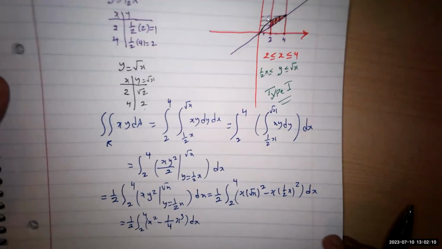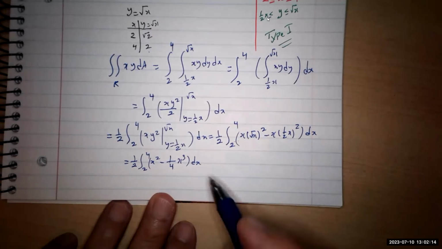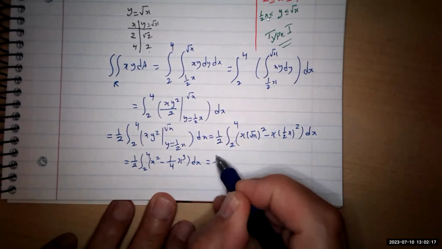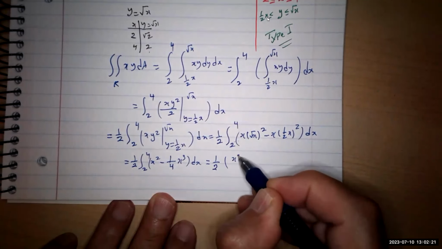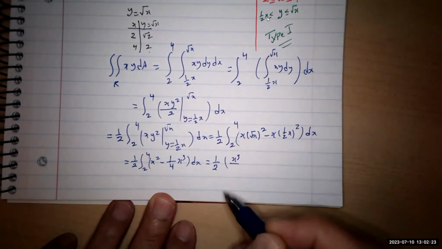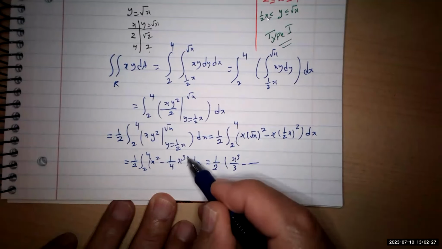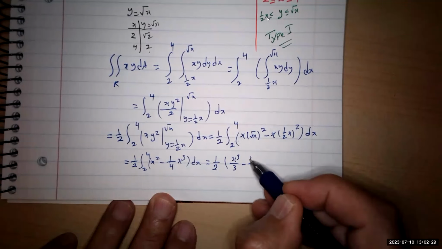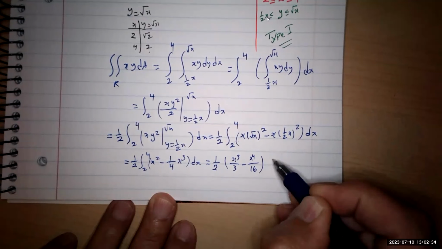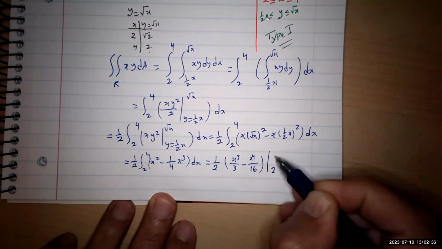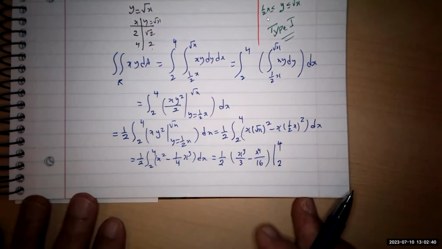Okay, so the integral is just power rules. No problem with continuity with respect to x, so you keep the 1/2 outside, and then we have the following. This is going to be x cubed over 3 minus x to the 4th divided by 4, which gives you 16, going from 2 to 4. You have to substitute and simplify these numbers.